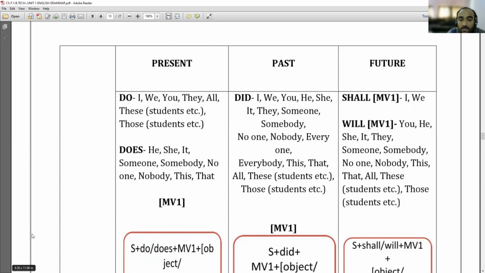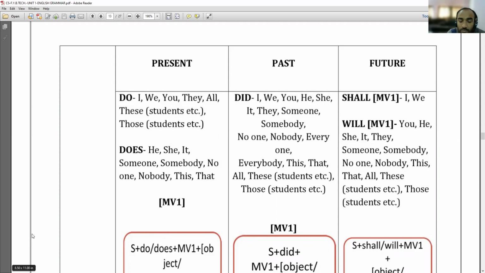He, she, it, someone, somebody, no one, nobody, this, that. So this is also singular. Okay, this is a pain or this was a pain, that is a pain.